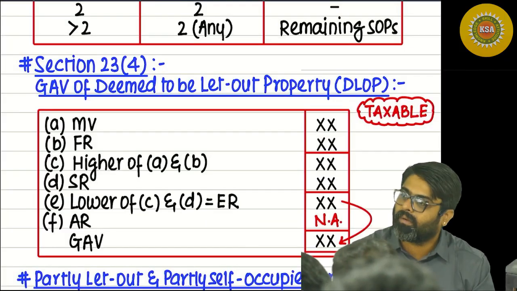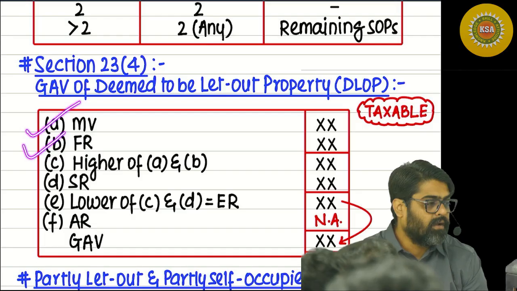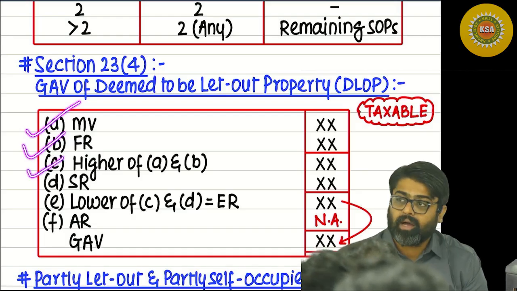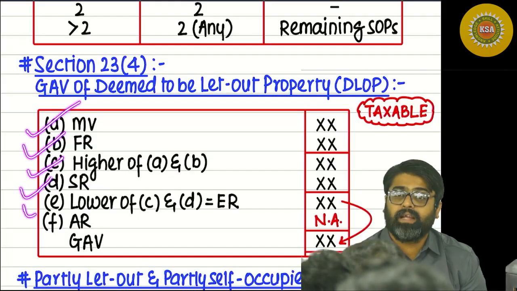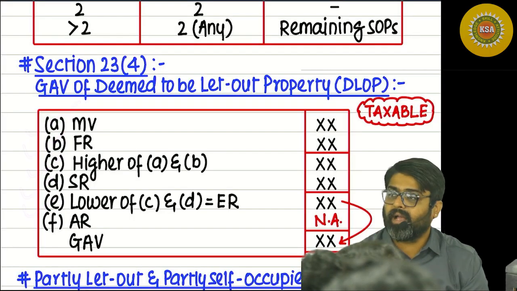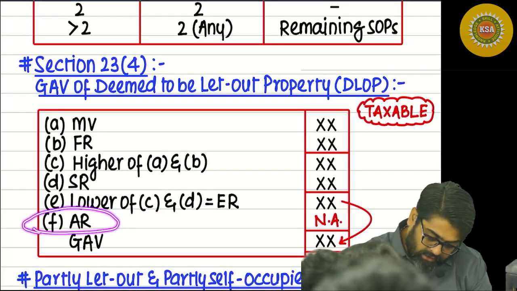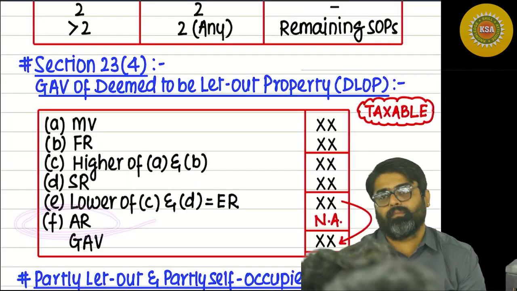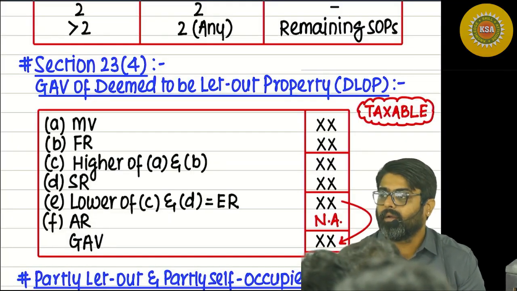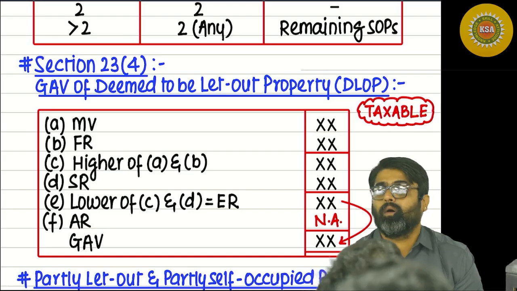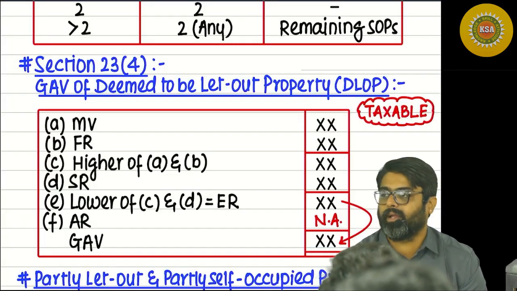Do you know let out properties? First you will take the municipal value and fair rent, then you will take the standard rent, then the higher of these 2 will be compared with the standard rent, and whichever is lower will be treated as expected rent. Now if you take the amount of actual rent, you are gone. Why? Because actual rent will always come in the case of a let out property.